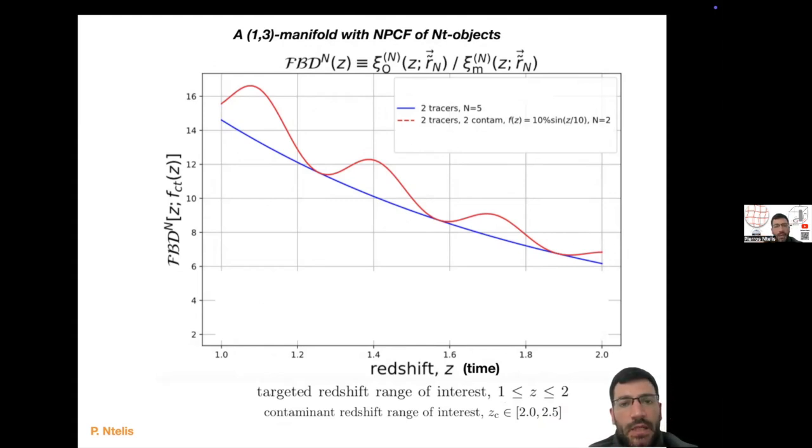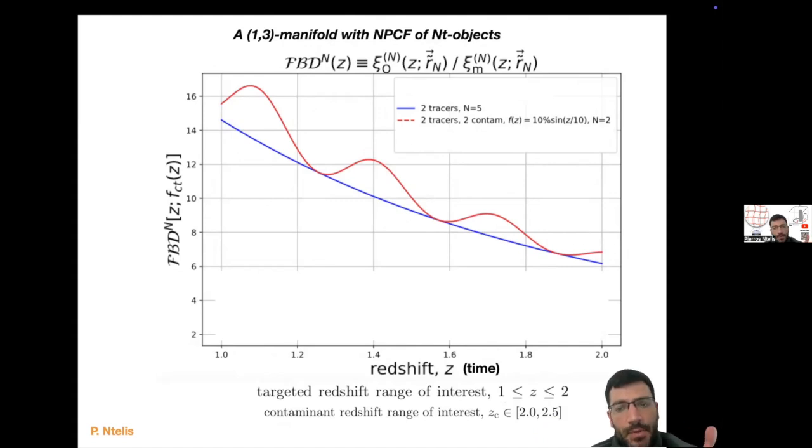Therefore, by knowing the expression and the graphical description of this FBD without contaminants and with contaminants, we can build scenarios about how much contamination we have in our sample, and then using data, we can identify clearly the amount of contaminants in our sample by fitting this kind of parameters in our data.